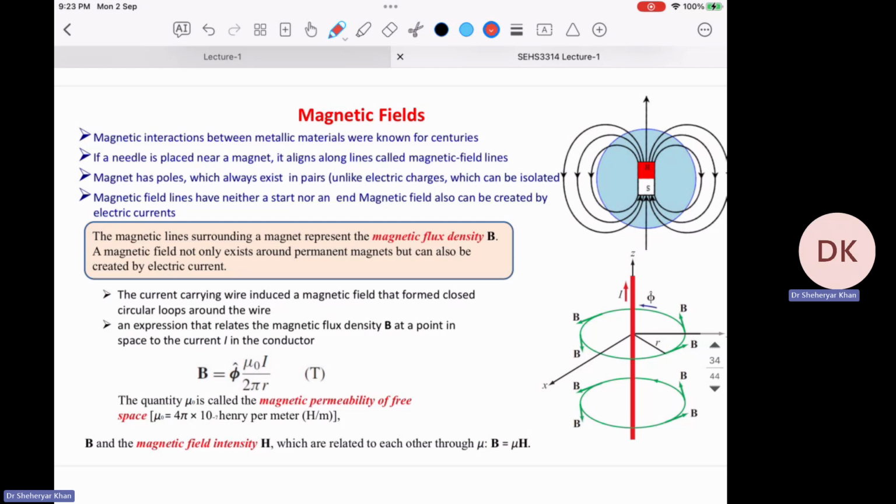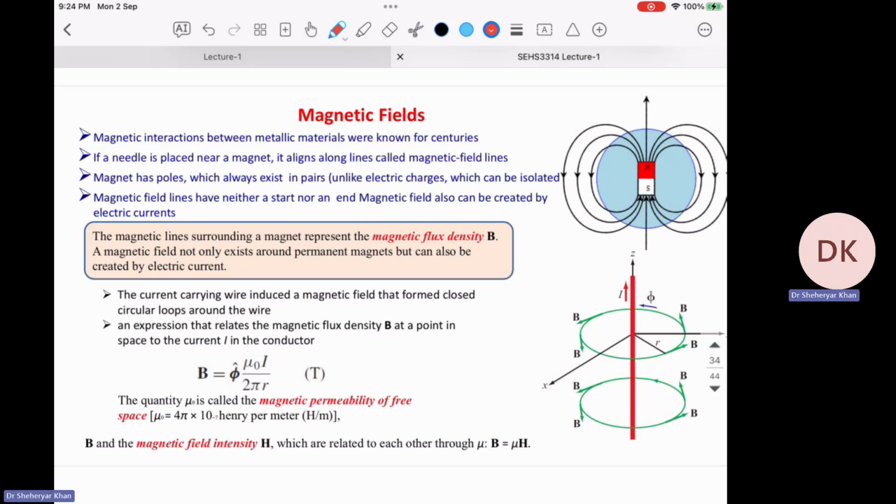If I do not put phi here, nobody knows the direction of the magnetic field. Is it going up, down, left, right? The phi tells that it's going along the circulation around the conductor.